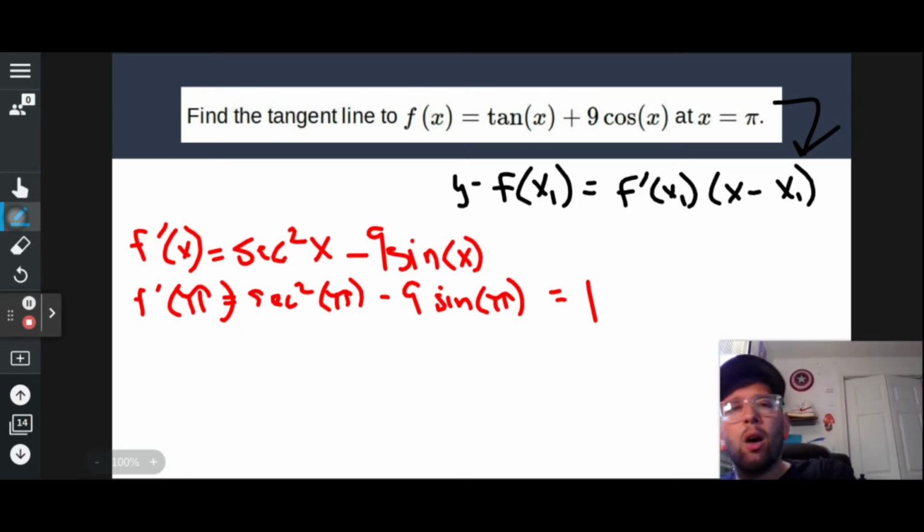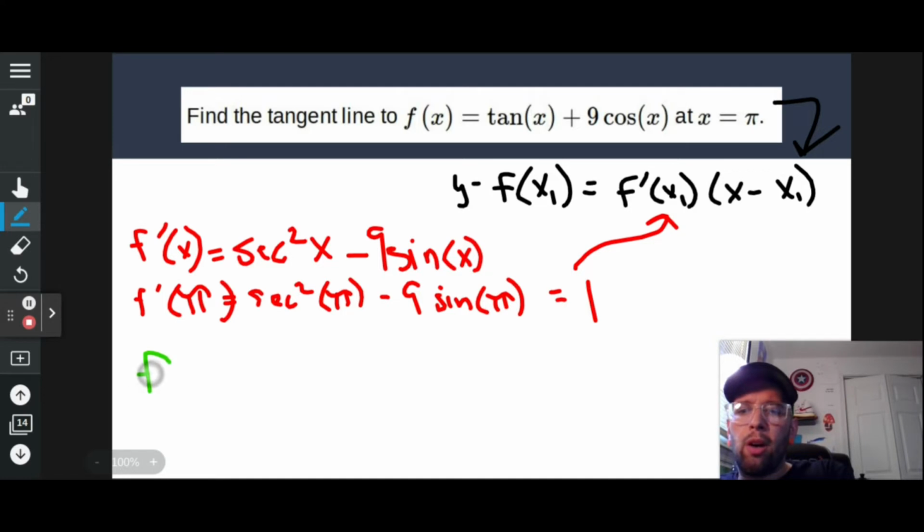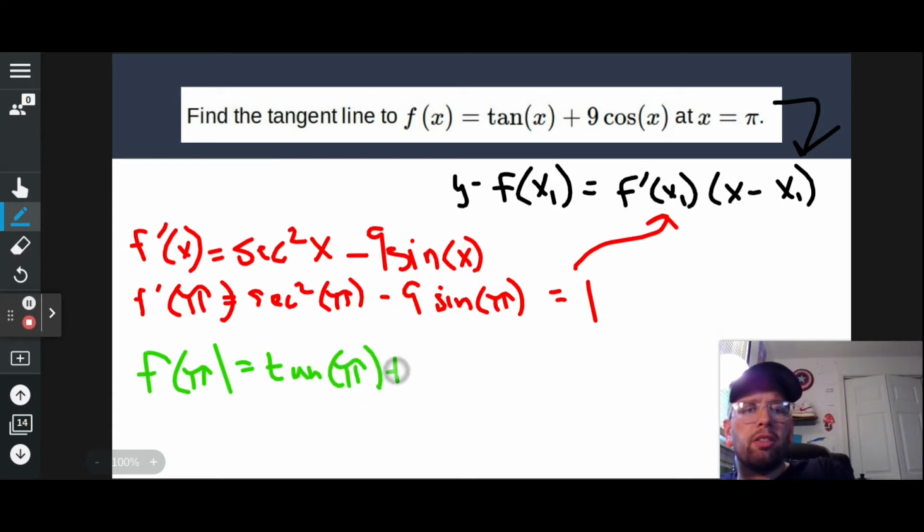To find out what my f of x sub 1 is, I have to do f of pi, which is tangent pi plus 9 cos pi.